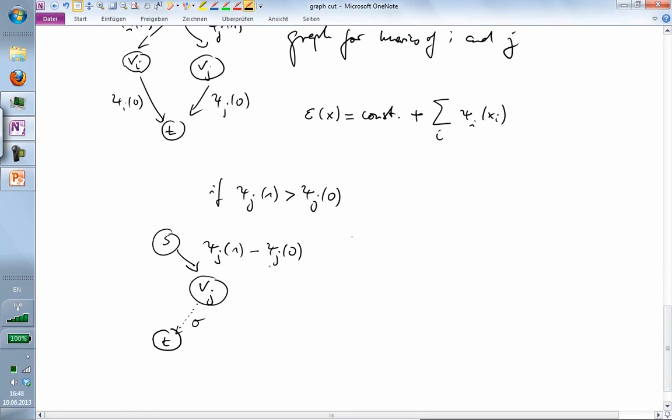Now if I've updated these capacities, I know that I should add some value to my energy. So I would say that in this case the energy of x is psi j of 0 plus the min cut value.